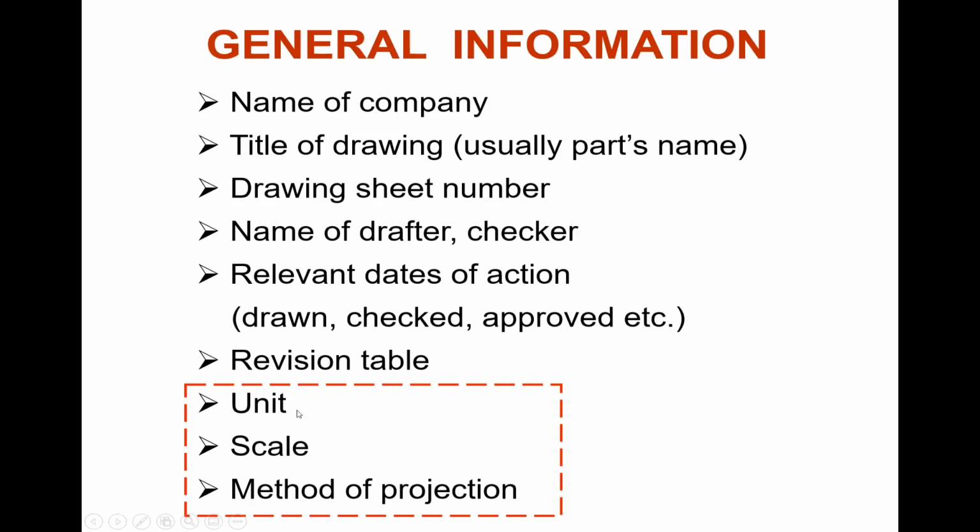Millimeter ke, inci ke, meter ke, kilometer ke kan? And scale. What is the scale yang drawing you guna, and also what is the method of projection. Method of projection ni, okay, kalau orthographic, as saya beritahu dulu, method of projection based on orthographic ni ada dua lah. The first angle and the third angle projection.